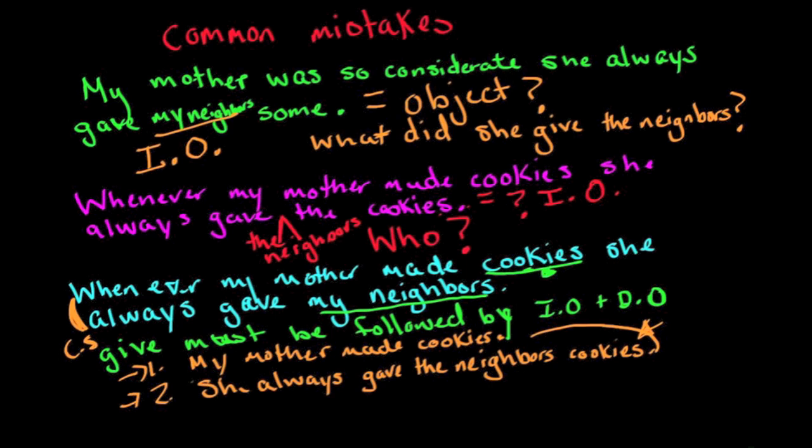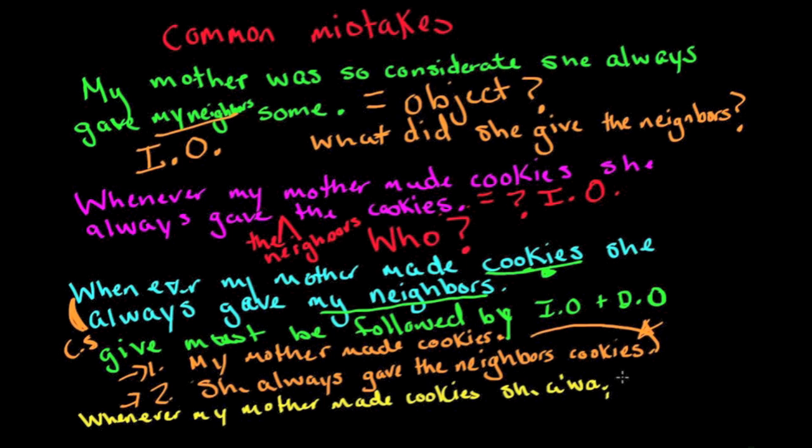So the correct sentence would be, whenever my mother made cookies, she always gave my neighbors, and then here you need a pronoun, some.